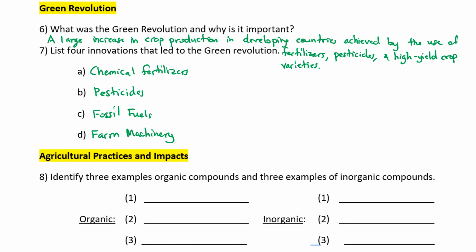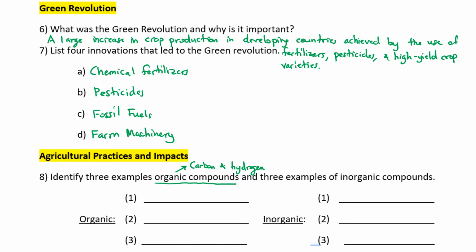Okay, identify 3 examples of organic compounds and 3 examples of inorganic compounds. So, organic compounds simply contain carbon and hydrogen. And then inorganic compounds lack that.